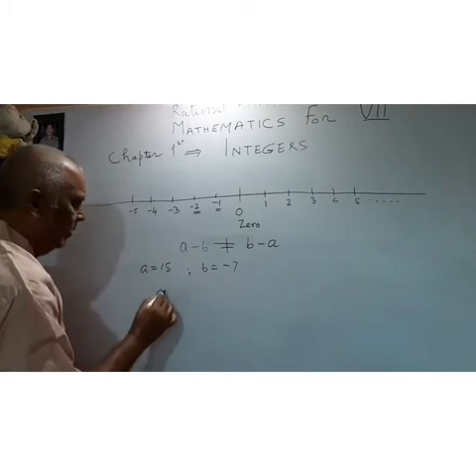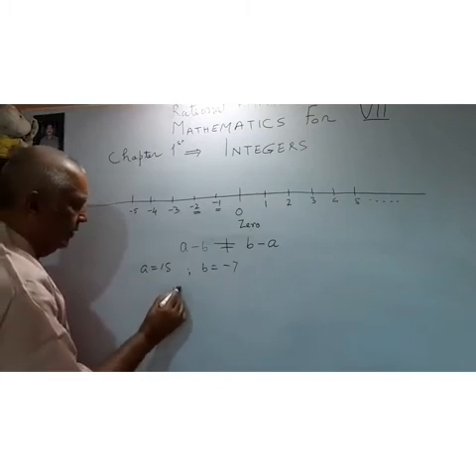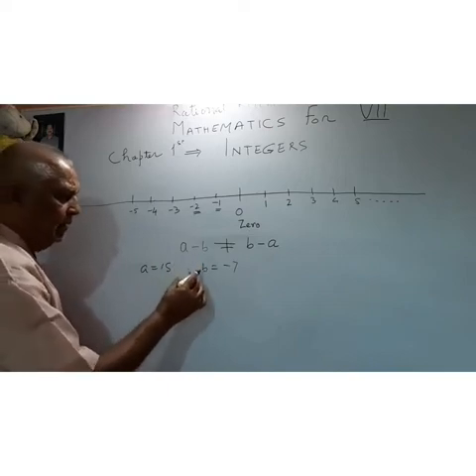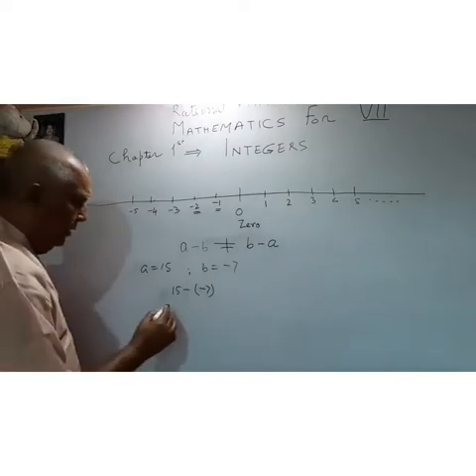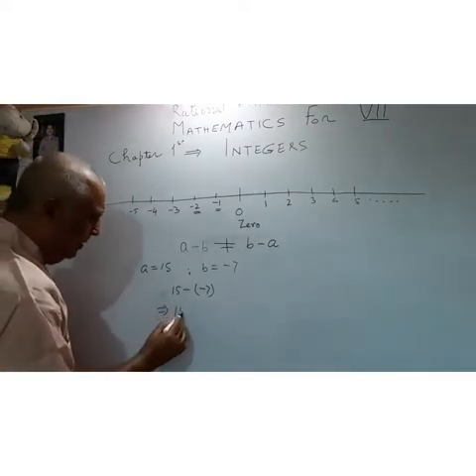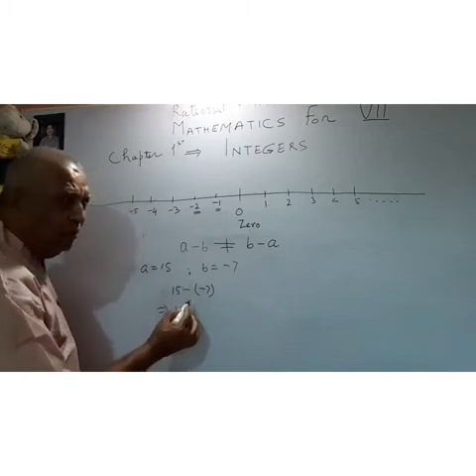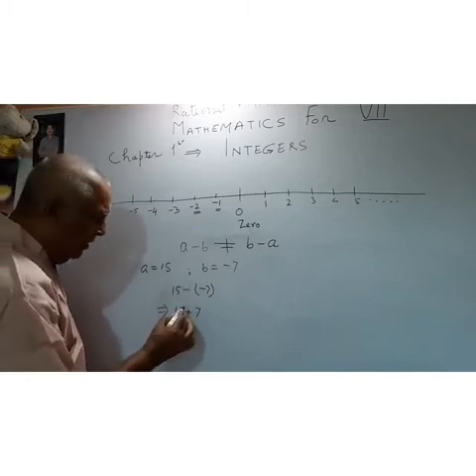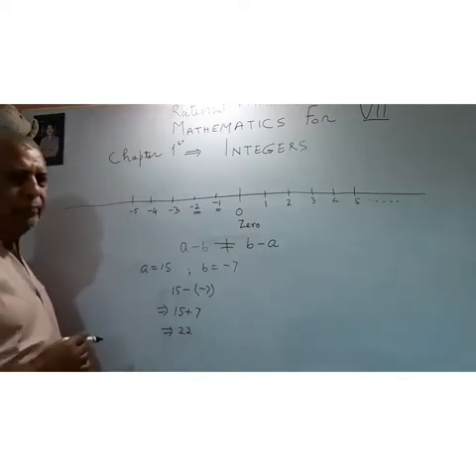A is equal to 15, 15 minus B. So minus B's value is what? Minus 7. This will be equal to how much? 15 plus, this minus will make you plus 7. That is equal to 22.